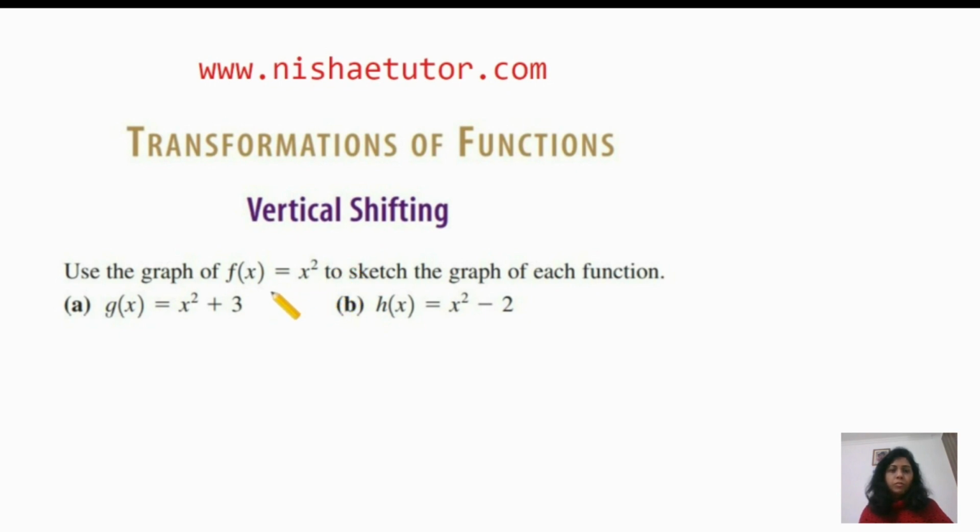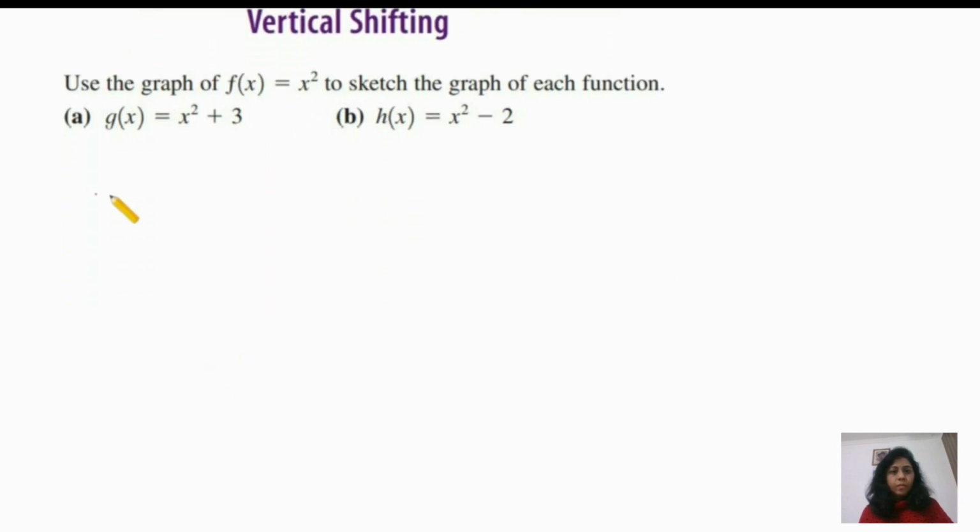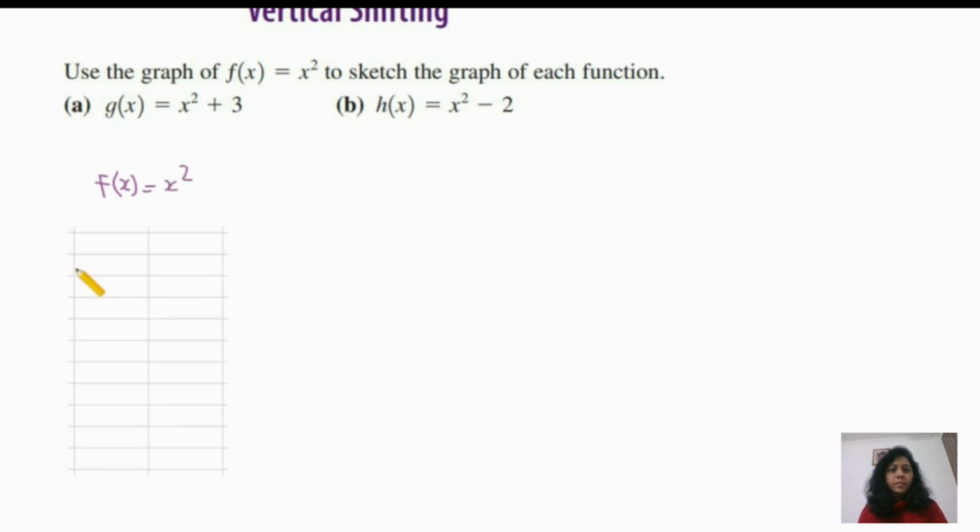and before going to graph this, we have to make a table for f(x) = x². So here x and here f(x), which is x². Okay. So when we put 0 here, we get 0. 0 square is 0.